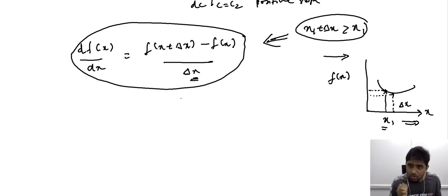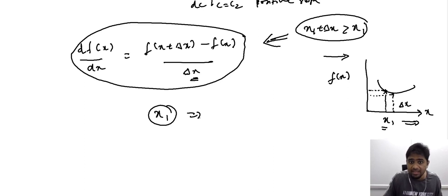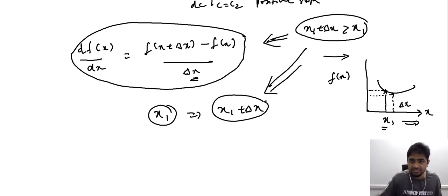Now it is also possible for us to consider a point that is less than our desired point. Let me repeat. So far, if the point of our interest is x1, the point we have considered to calculate its derivative is x1 plus delta x, and so far the next point is always greater than our initial point.